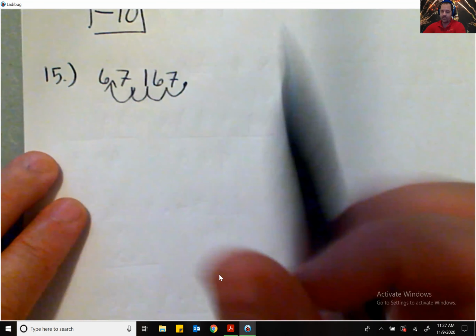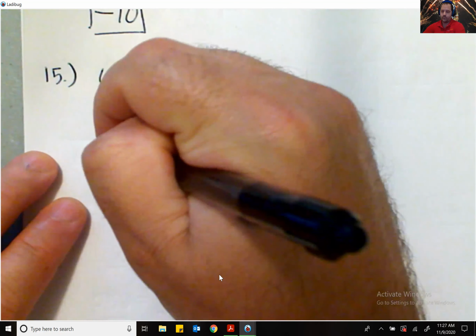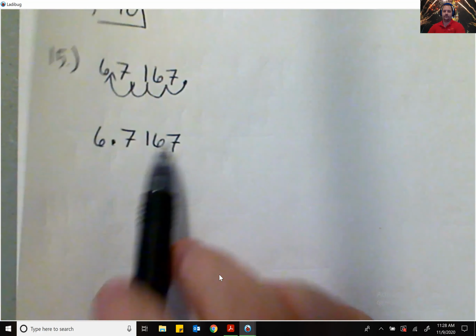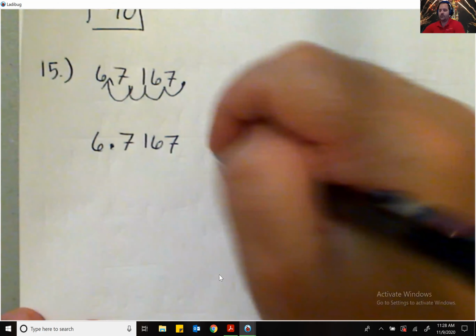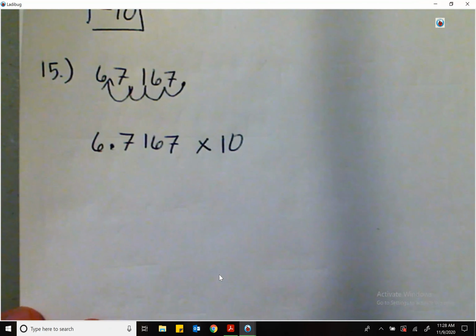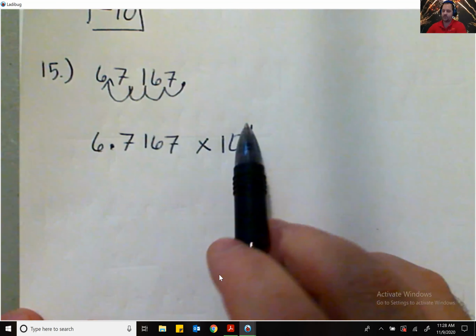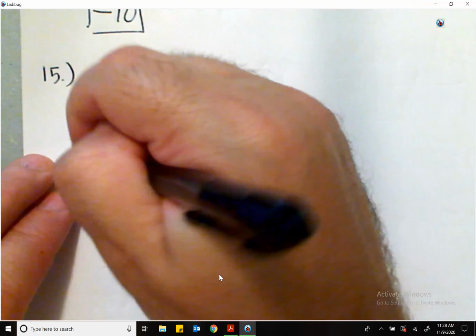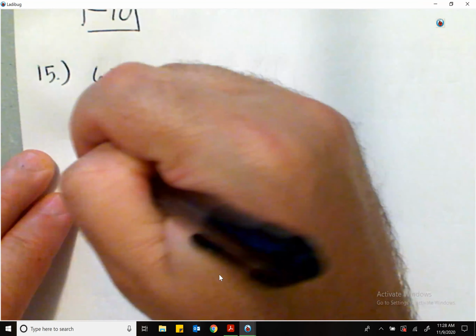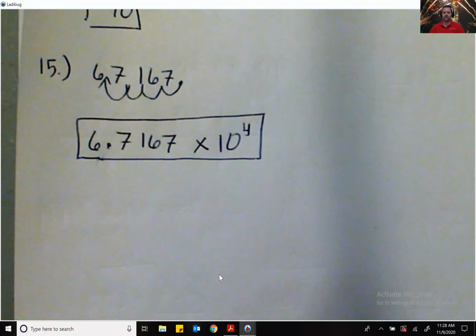6.7167 is between 1 and 10, times 10 to the what? To the 4th, because we moved the decimal four places and that's a positive exponent. And there's the scientific notation.